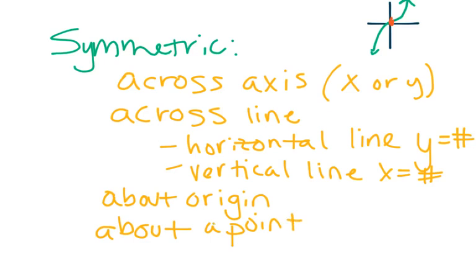So we could end up spinning it around a point other than right here. For instance, it could be up here, and you'd have the graph kind of going through a different point. So that's your symmetry. So it's asking, is it symmetric or not? And then when it is symmetric, identify, is that across an axis of some sort or a line, whatever it happens to be. Then they're going to talk about end behavior.